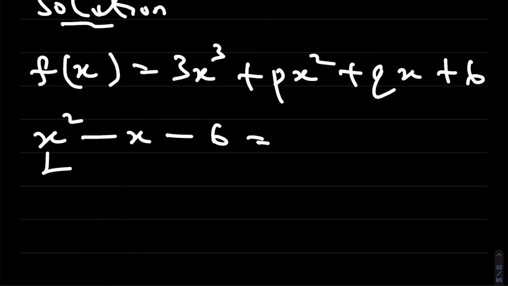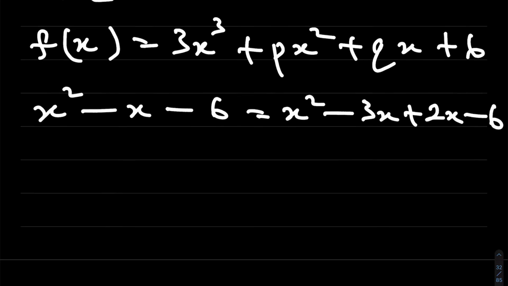If I factorize x squared minus x minus 6, its factors will also be factors of f of x. So this is going to be x squared minus 3x plus 2x minus 6.